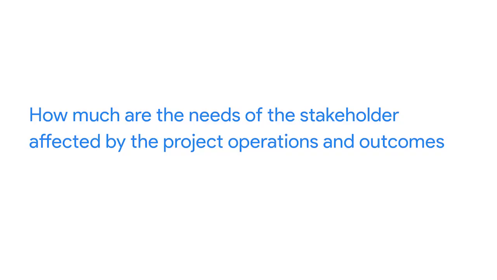Interest is pretty much what it sounds like. How much are the needs of the stakeholder affected by project operations and outcomes? For example, Office Screen's Human Resources Department might not have as much interest in the product launch as the sales department does.